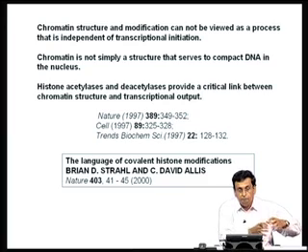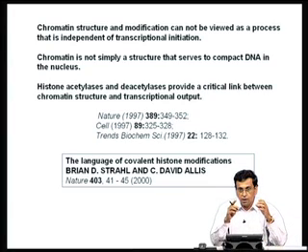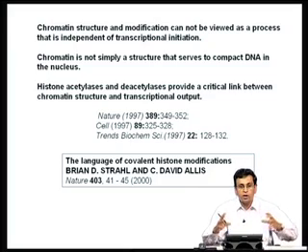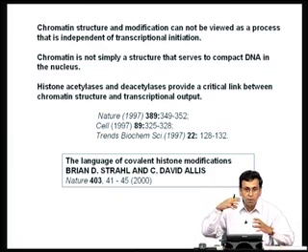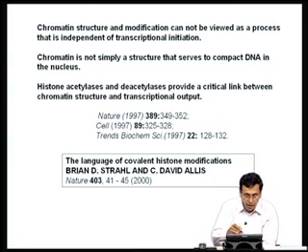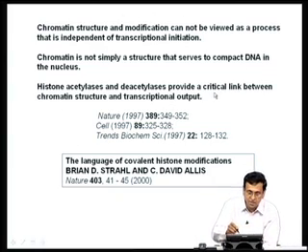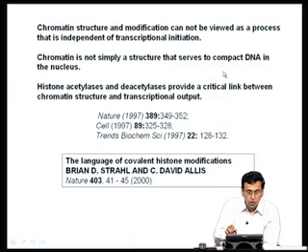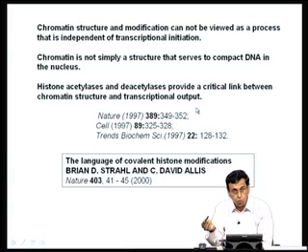But once people realized that chromatin structure plays a very important role in gene regulation, these two groups started coming together and started understanding how chromatin structure influences gene regulation, and these papers very nicely discuss some of these aspects. For example, chromatin is not simply a structure that serves to compact DNA in the nucleus, but it also has a very important role in transcription activation, and histone acetylases and histone deacetylases provide a critical link between chromatin structure and transcriptional output.